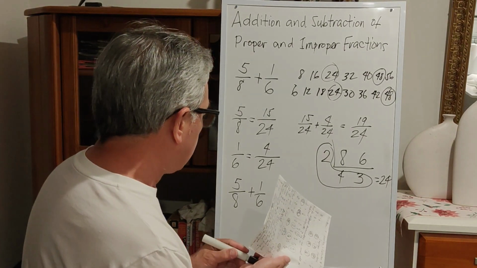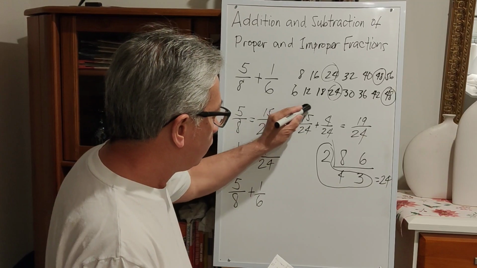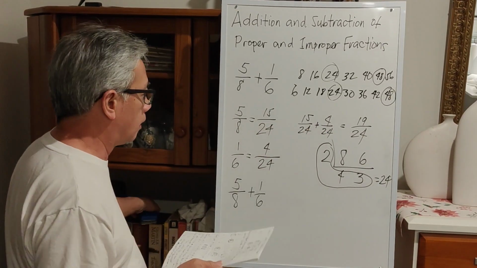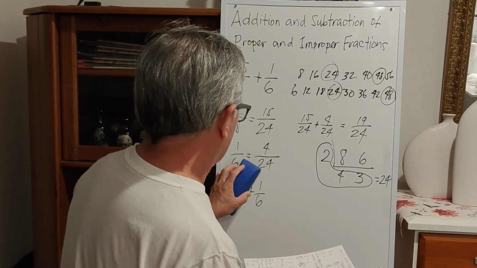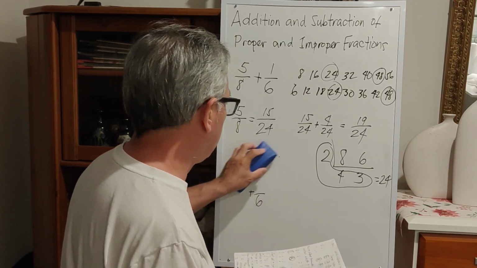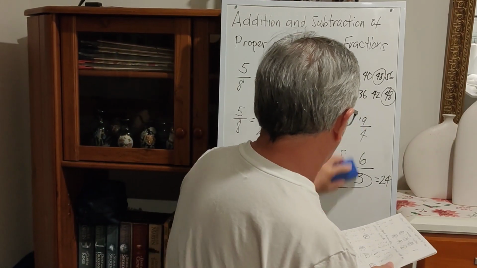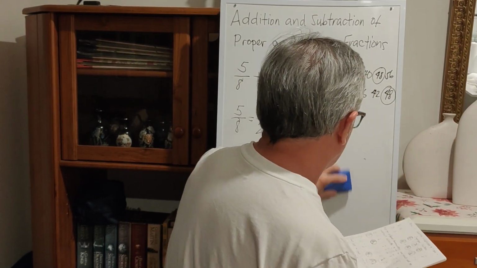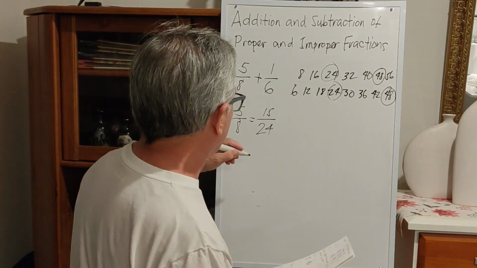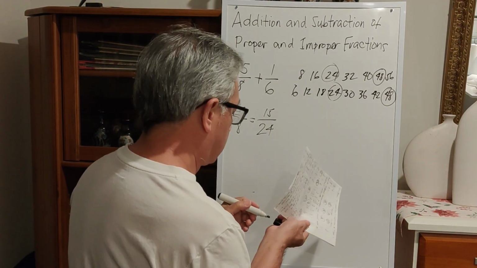Now we can rewrite. We can also do a shortcut on this one. So let's rewrite 5/8 plus 1/6. We got the number 24.